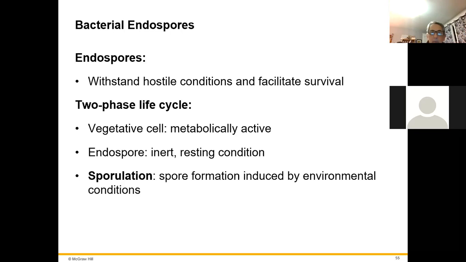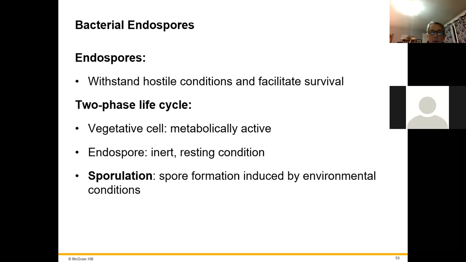Now, life cycle in bacteria: when they're actively growing, we say they're vegetative. This is an older term, but it just means they're metabolically active. When the bacteria go into an endospore, they are no longer metabolically active. They're inert, in a sort of hybrid, I don't know, hibernation is not really the right term, but a dormant state.